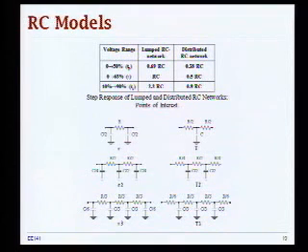One way to do this is to say, well, let me assume that my wire resistance is really what's important to me over here, but my wire capacitance is sort of distributed equally both on the source and the destination side, and I can basically form this type of a model.